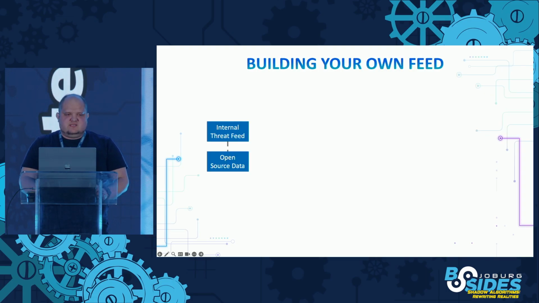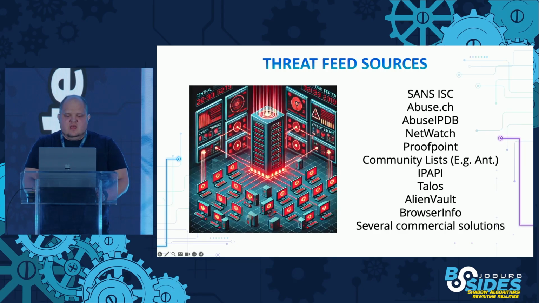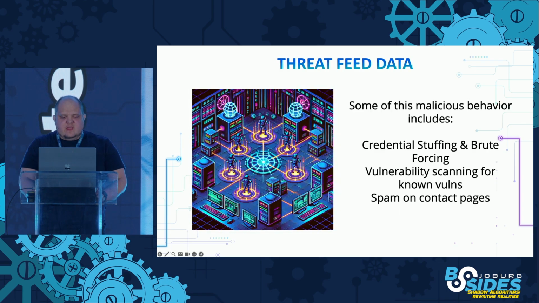And then next, we want to see how we can combine that data with open source data. There is a lot of publicly available open source and community feeds. This includes SANS, abuse.ch, NetWatch, and others. There are also several companies that provide this data free of charge on an open source basis.